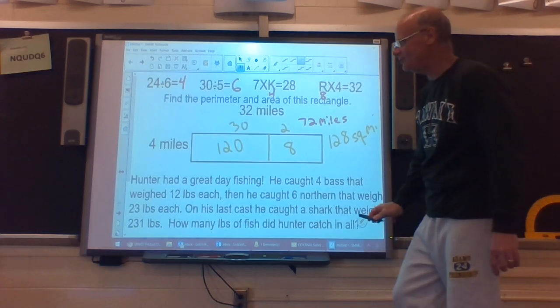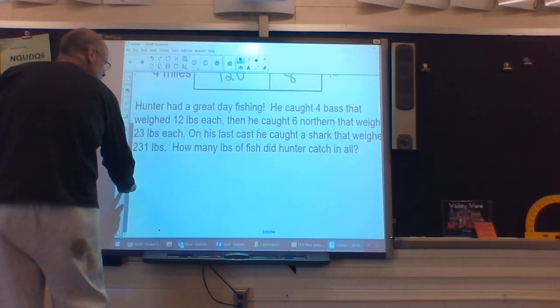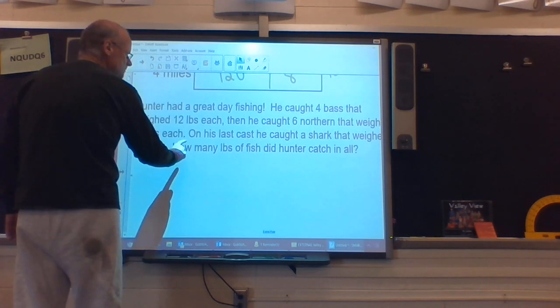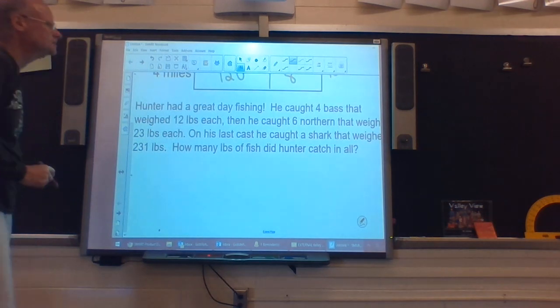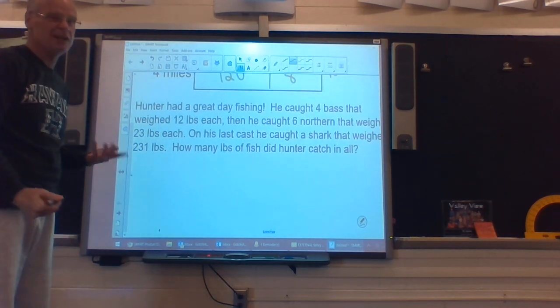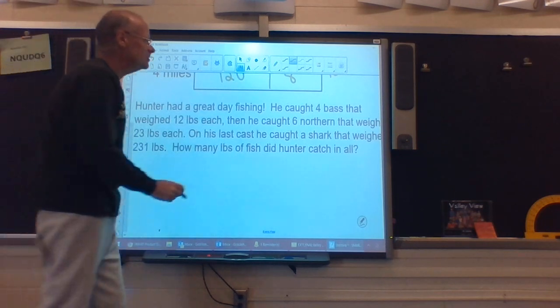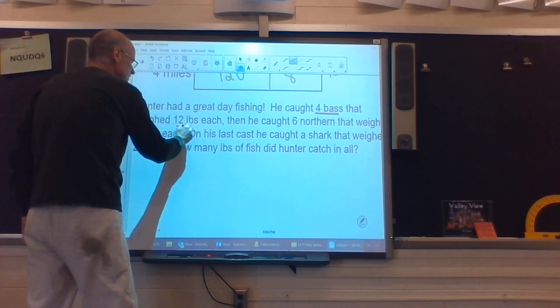Okay. Let's go and figure out Hunter's problem now. Let me rearrange these a little bit more. I'm going to go through and highlight the information I need to know. Hunter had a great day fishing. Every day is a great day fishing. He caught 4 bass that weighed 12 pounds each.